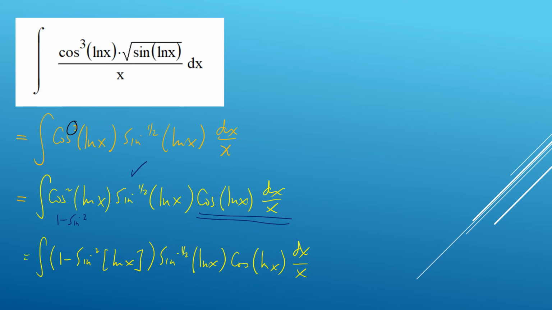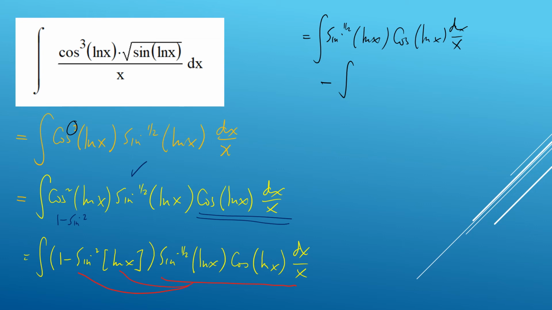We shall now distribute this to 1 and sine squared. So let me use a black ink. Integral of sine raised to 1/2 of ln x cosine of ln x dx over x minus the integral of sine squared and sine to the 1/2.